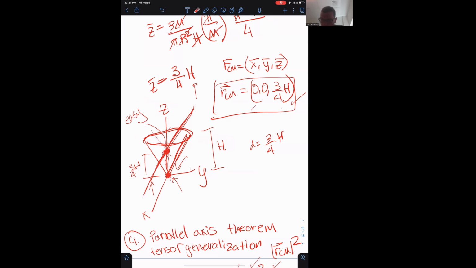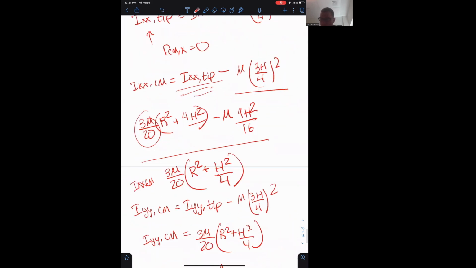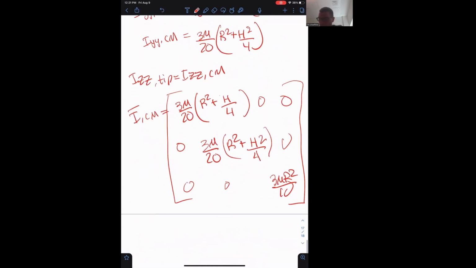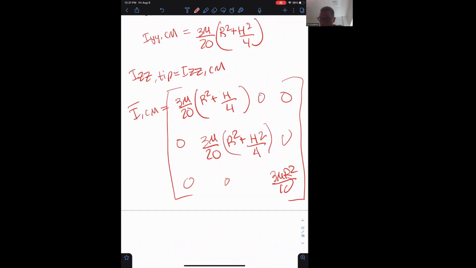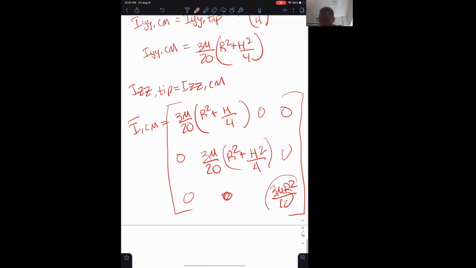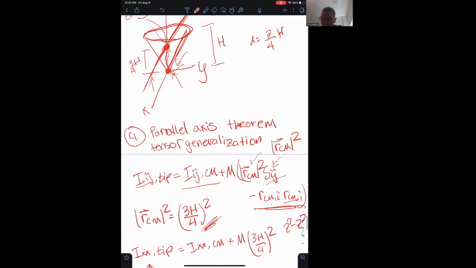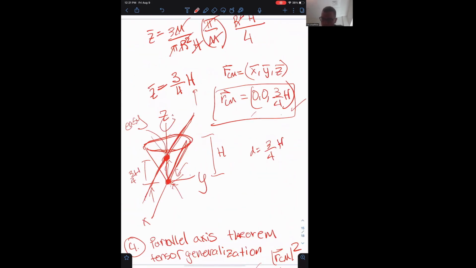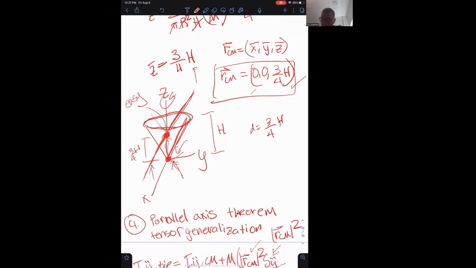The mass is closer to this point than it is to this point. So that's kind of the intuition to explain why these have become smaller and why this one didn't change, because that's rotating around the z-axis, which is still exactly the same as it was at this point.